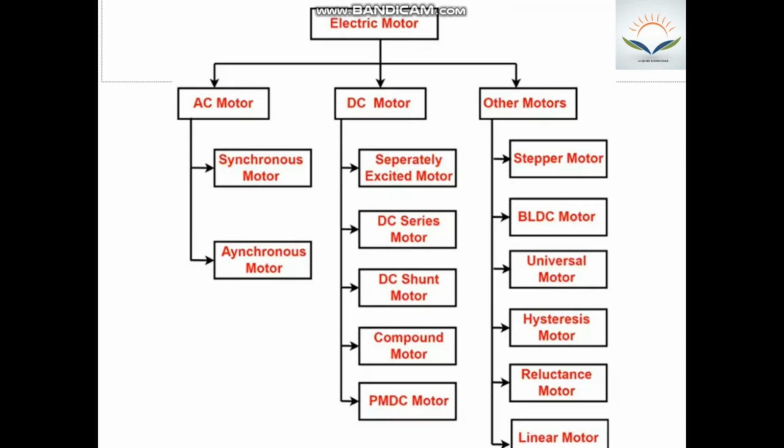The separately excited, DC series, DC shunt, compound, and PMDC motors are classified under DC motors. Apart from these, there are special purpose motors which include the stepper motor, BLDC motors, universal motors, hysteresis motors, reluctance motor, and linear motor.